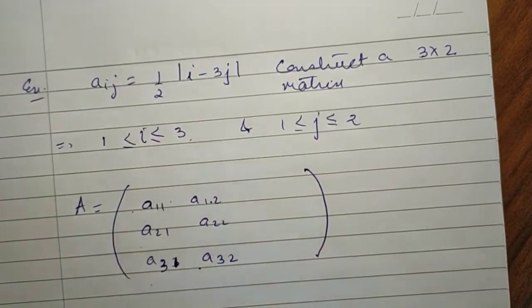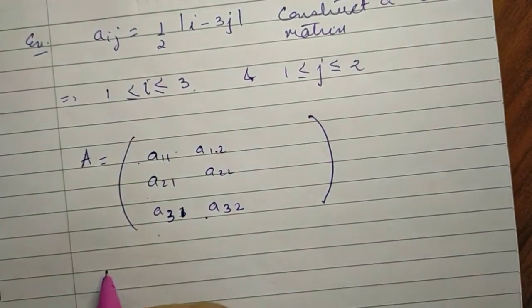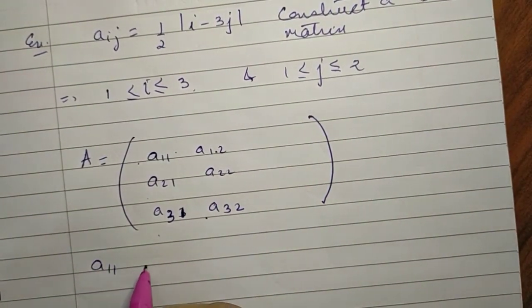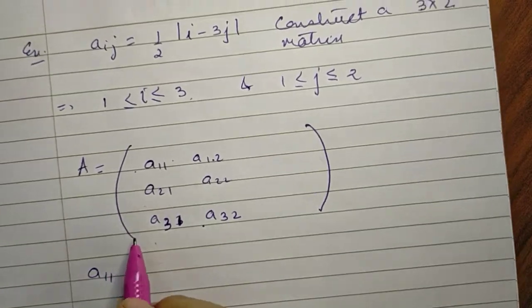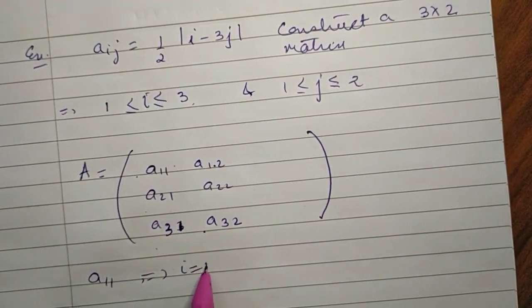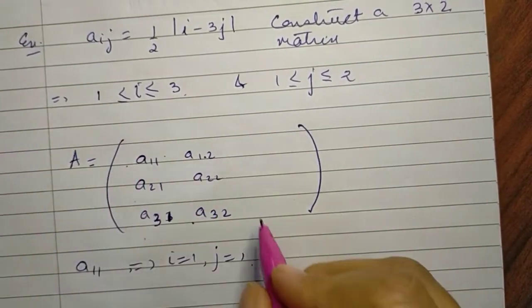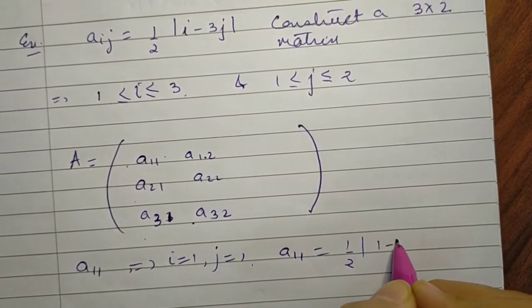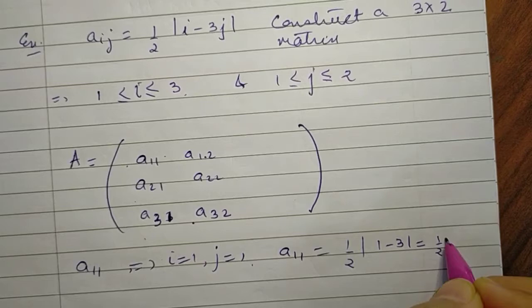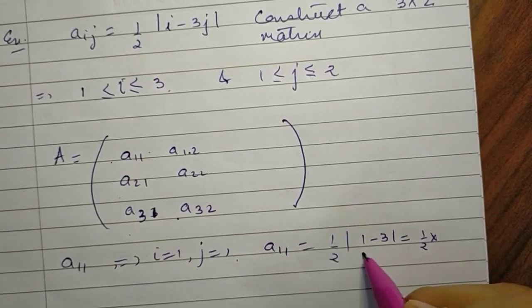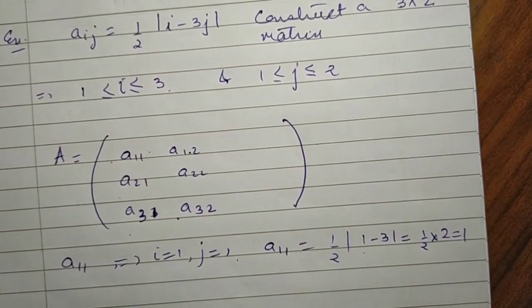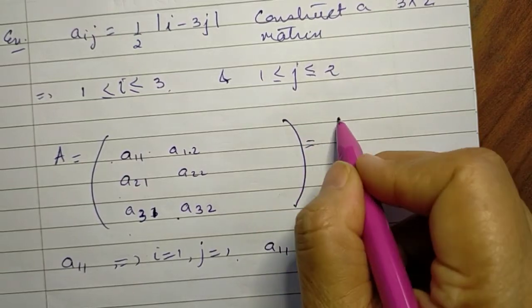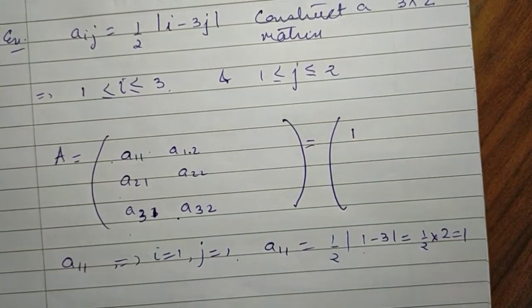Now we have to find these elements. So let's find a11. Here i equals 1, j equals 1. So we get a11 is equal to half of modulus of 1 minus 3, which is half of modulus of minus 2, which is half of 2, which is 1. And so the first position is 1.